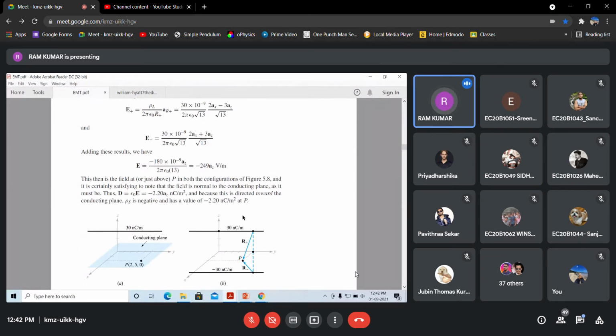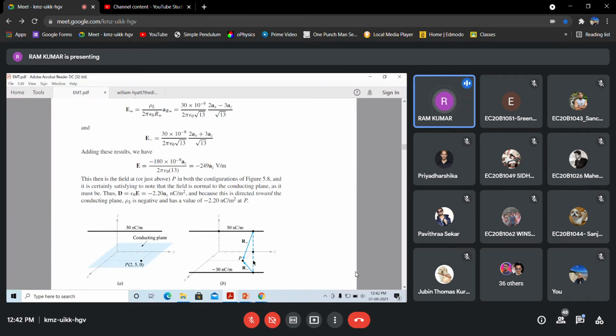What we did here: they gave the scenario of one conducting plane that lies at z equals 0, and one line charge of 30 nanocoulomb per meter, and they're asking to find the charge density at this point. We applied the method of image technique, so we removed this conducting plane and introduced one more line charge symmetrically with opposite sign here.